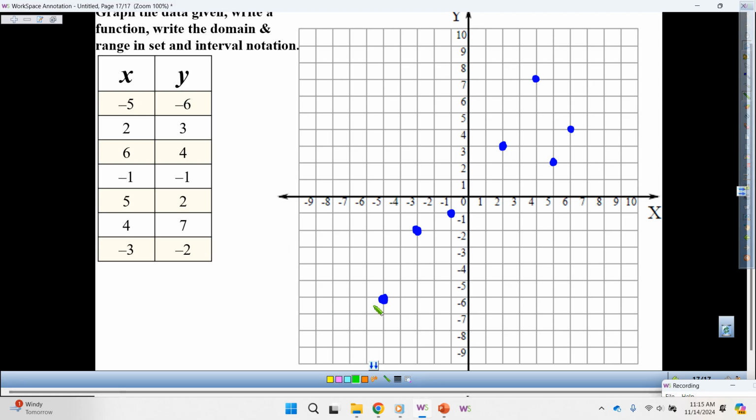From left to right, if I'm reading this from left to right, my first point is this one. What would be my second point if I'm going from left to right? This one. Is everybody following? What would be my third point? This one.